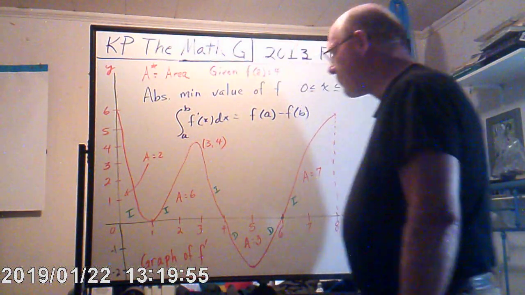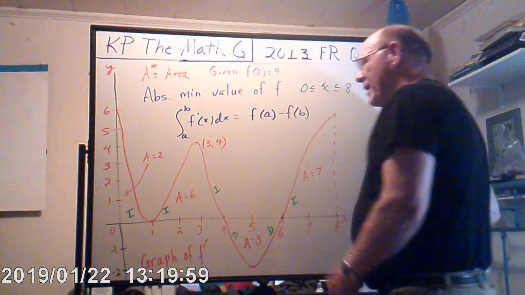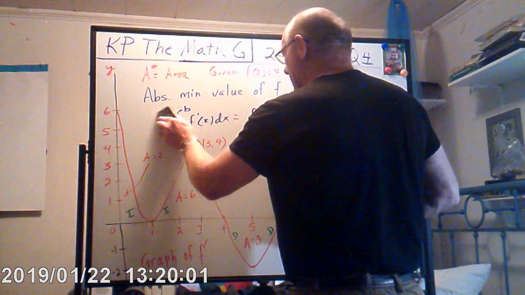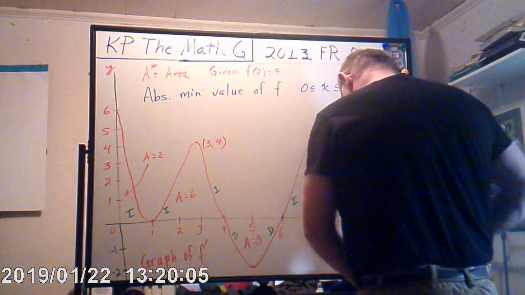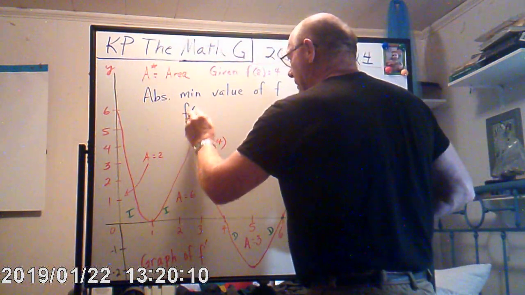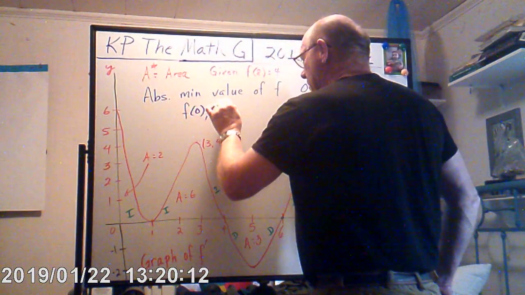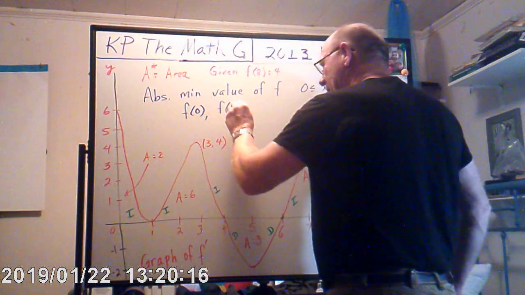Okay. Alright, so let's see what we have to find. We need to find three things. F at 0. We need to find f at 0. Now we know that there is a local minimum, f at 6.